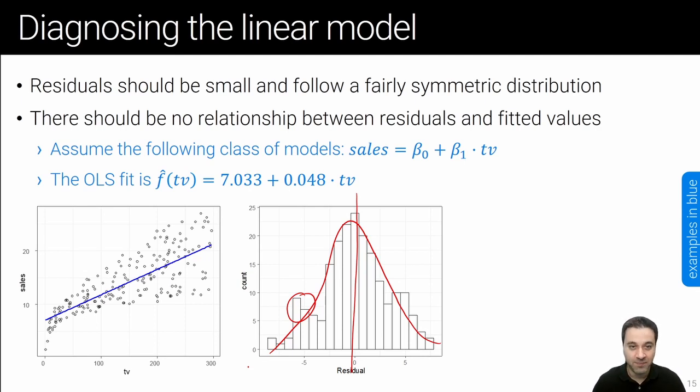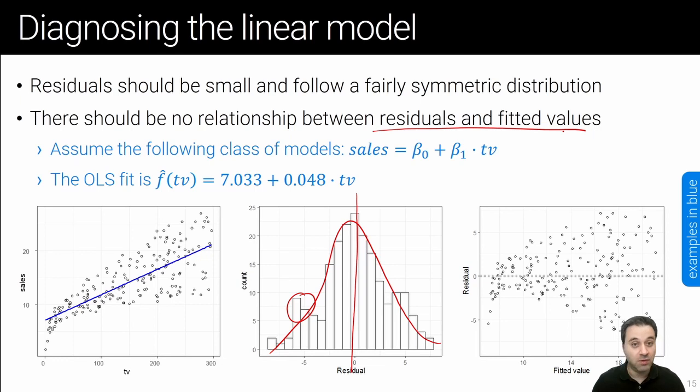Looks kind of fine. The second thing we should look into is the relationship between the residuals and the fitted values. So we could actually produce a scatter plot of the residual by fitted value. And this should look like a completely random cloud of points, meaning there's no relationship between a specific estimate and the residual of that estimate.